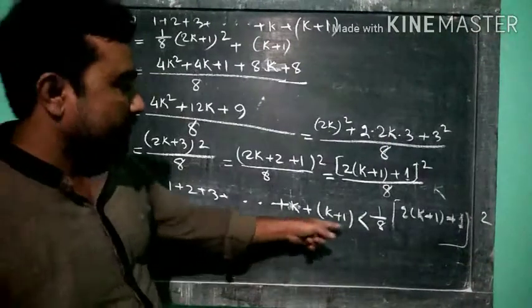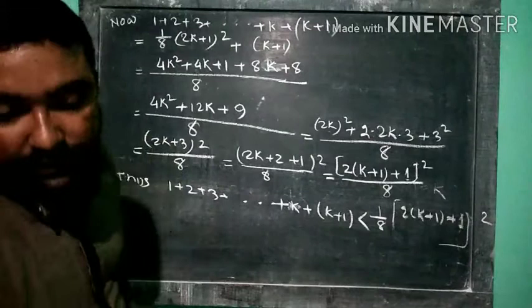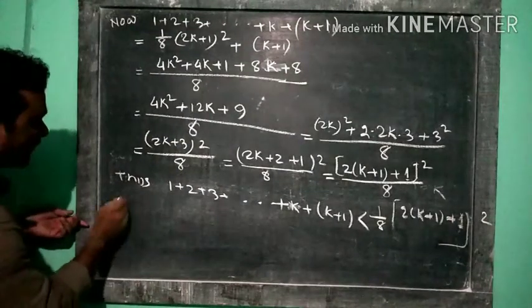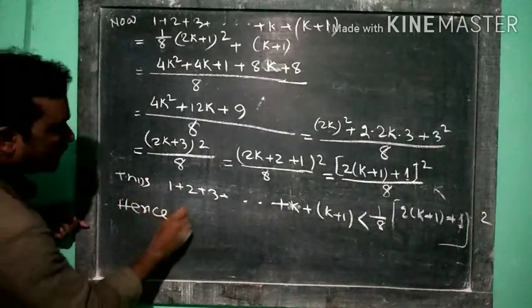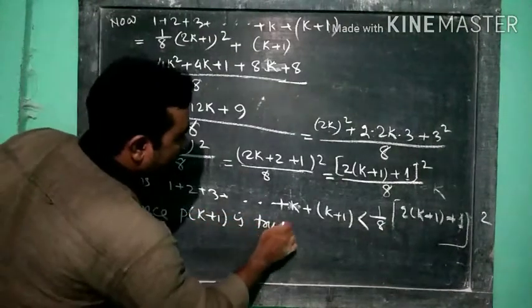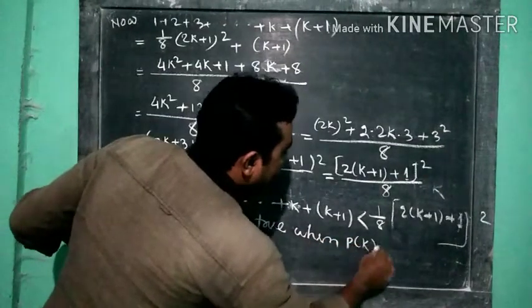This is the right hand side. Thus, hence, P of k plus 1 is true when P of k is true.